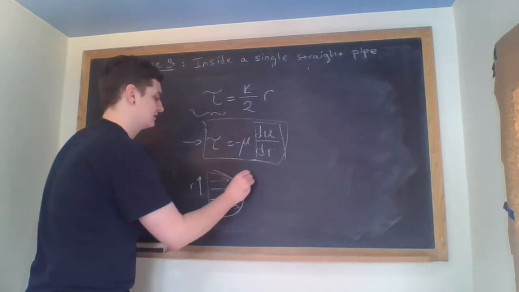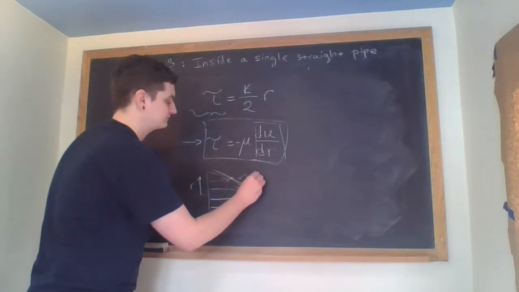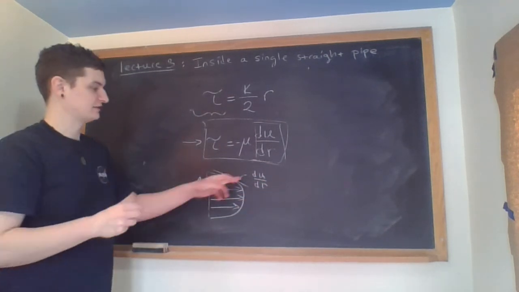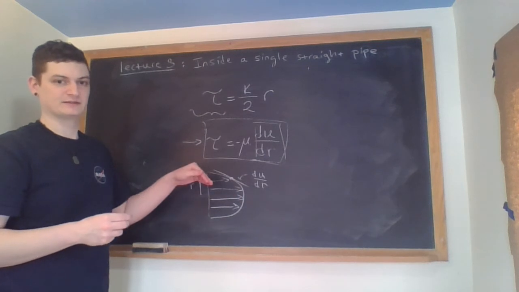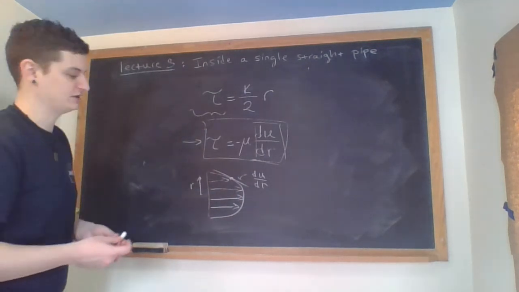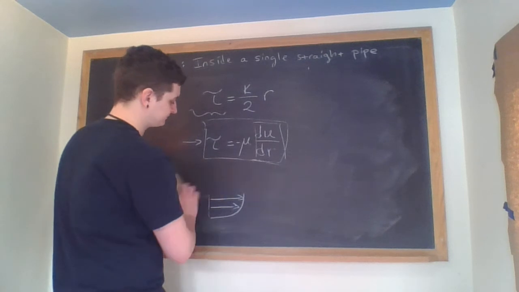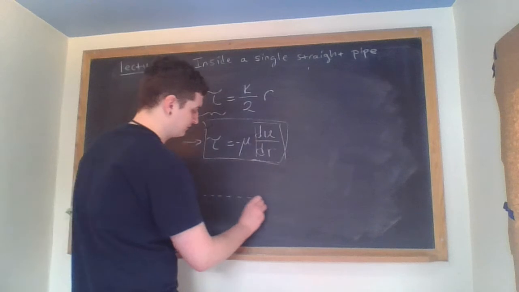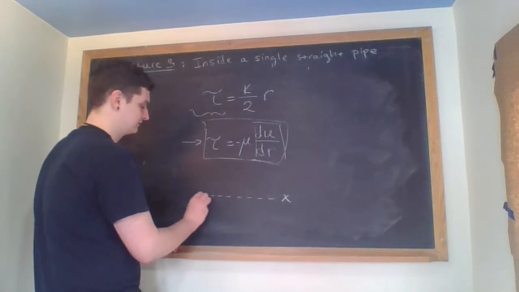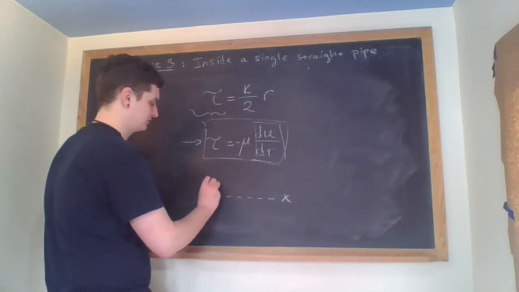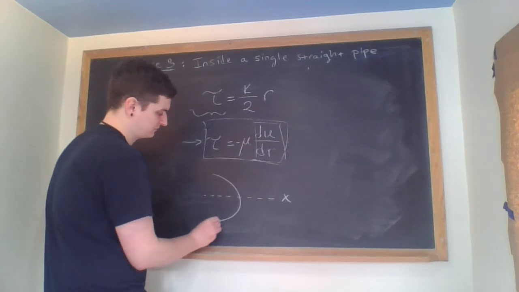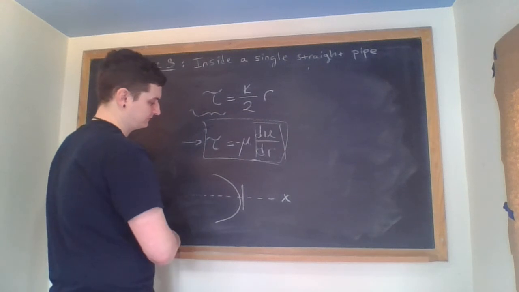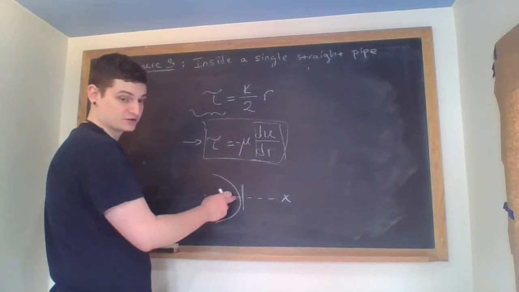So anytime you have a du/dr, that is the slope. It already agrees with something that we just showed: at the center line there's no shear.